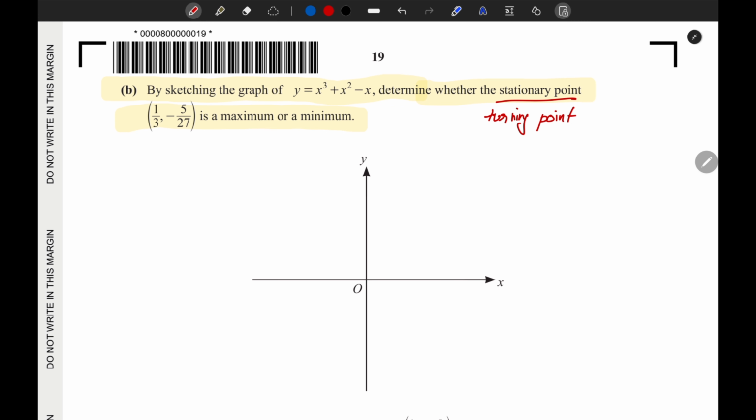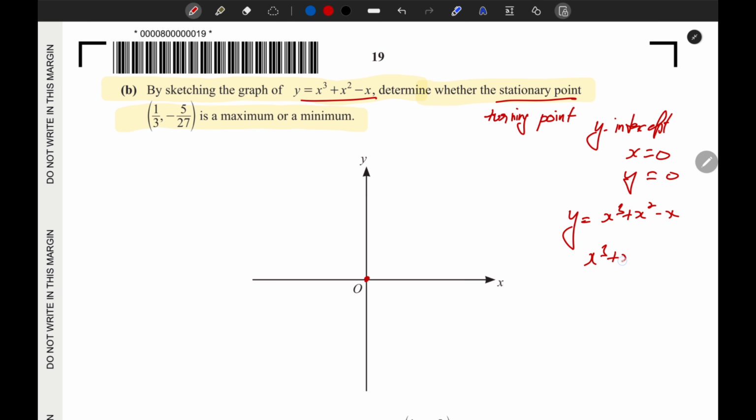Now this is a cubic graph. If we want to find the y-intercept, you put x equal to 0. When you put x equal to 0, you see that y is also equal to 0. So this is the point. Now, to find the x-intercept, when y is 0, x cubed plus x squared minus x should be 0.